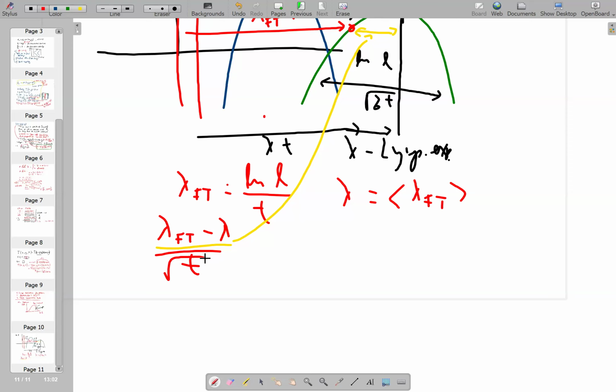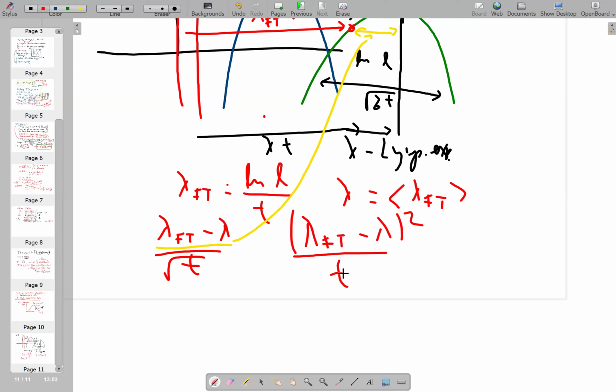So it becomes now lambda finite time minus lambda, squared, divided by sigma t. And then we fix its shape.